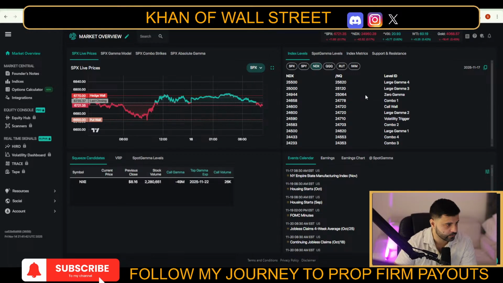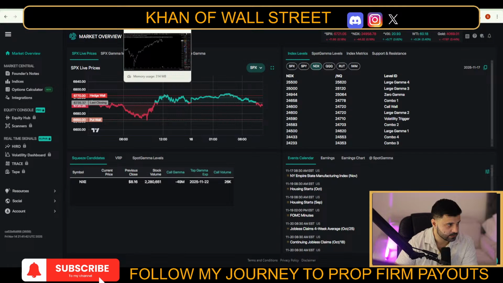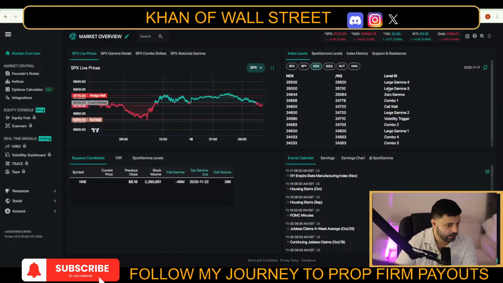NQ is just a proxy, so you got to be looking at SPX when you're trading NQ, because we mainly go off SPX gamma exposure levels, and then our proxy is the NQ. We take our trades off NQ, but if SPX is coming into major levels, then we have to pay attention to that. And I do take trades based off SPX gamma exposure levels.